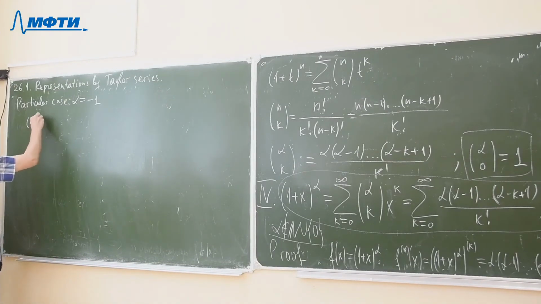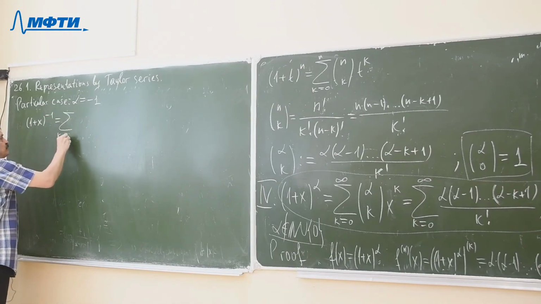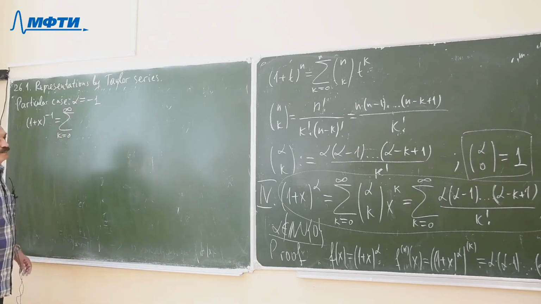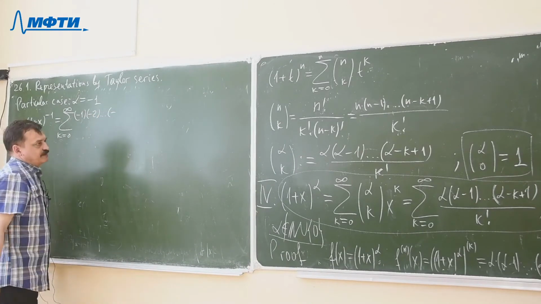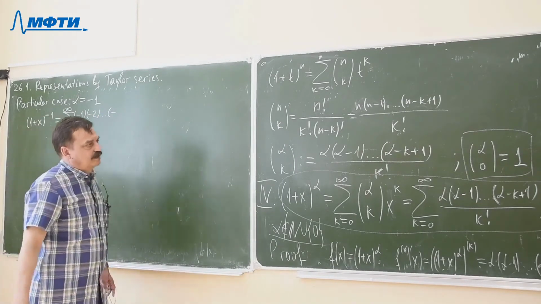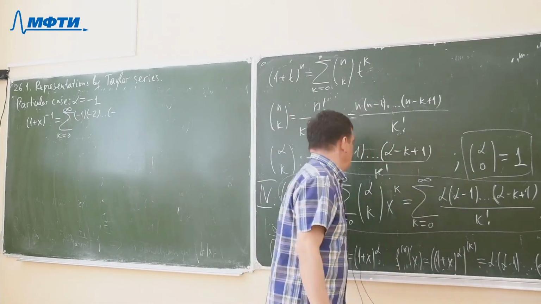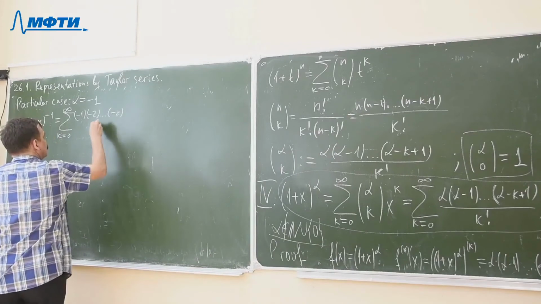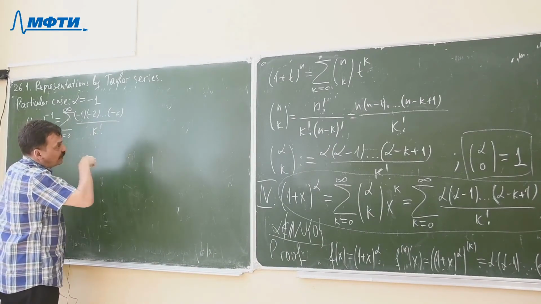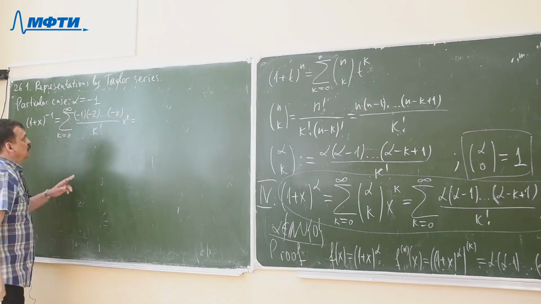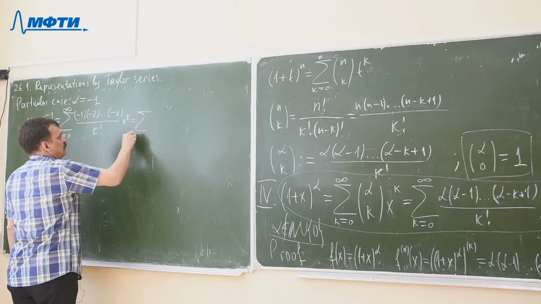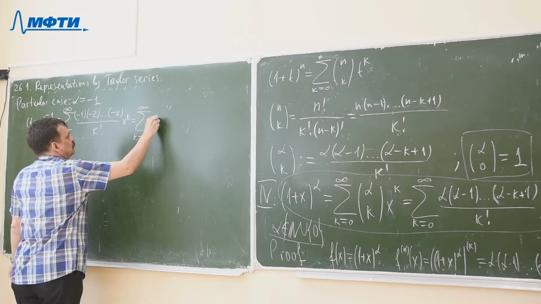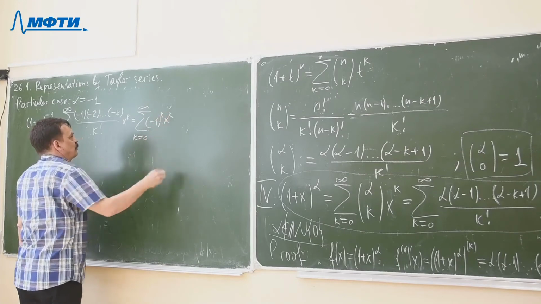(1 plus x) to the power minus 1 equals the sum over k from 0 up to infinity of minus 1 times minus 2, and so on, up to minus 1 minus k plus 1, that is minus k, over k factorial, times x to the power k. And that is, you see, k factorial times minus 1 to the power k, x to the power k.